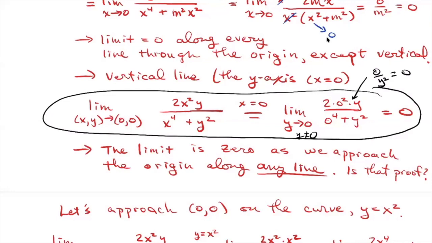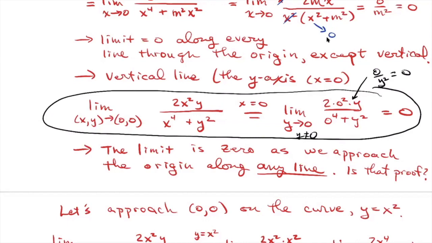This point has to approach the origin, but you cannot allow it to touch the origin. It's okay for one coordinate to go to 0 as long as the other one doesn't. So I'm allowed to say x is 0 as long as y isn't 0, because I haven't touched the origin. And if x is 0, I have 0 over y squared, regardless of the value of y.